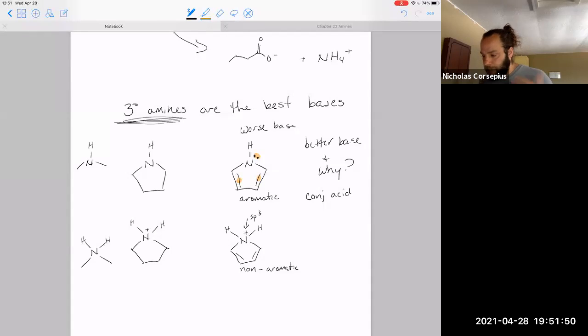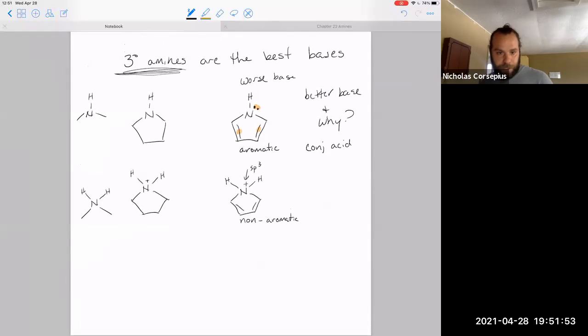Another example that's often thrown into this whole mix is pyridine. And pyridine actually is a good base. It's not a fantastic base by any means, but it's a decent base.